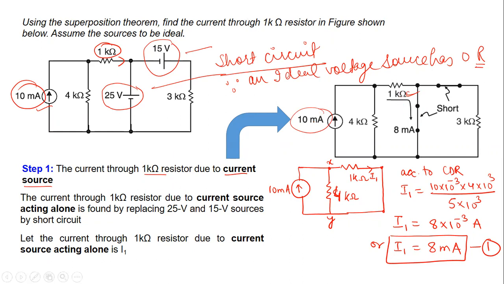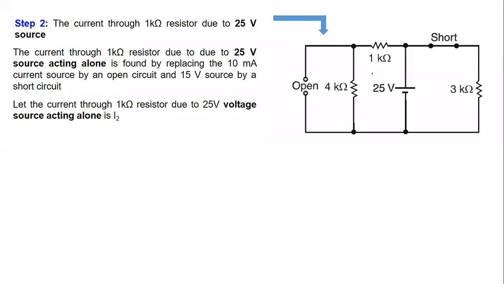Next, we will find out the current through the 1 kilo ohm resistance using the 25 volt source and then the 15 volt source. Let us see what answer we get. Now let us calculate the current through the 1 kilo ohm resistance because of the 25 volt source.